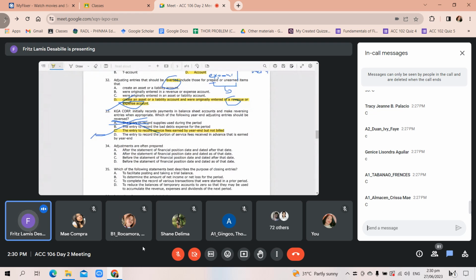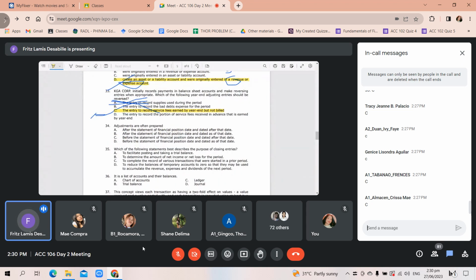So this one, unearned liability recorded originally using the liability method. Again, unearned liability or unearned revenue originally recorded as a liability. Ang letter D, does not qualify for reversal. Ang kailangan lang nato i-reverse dire kay ang letter C.